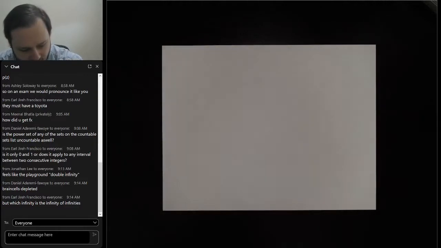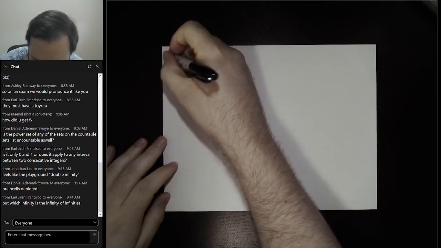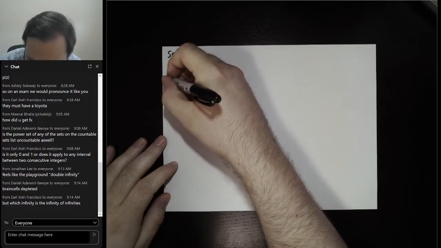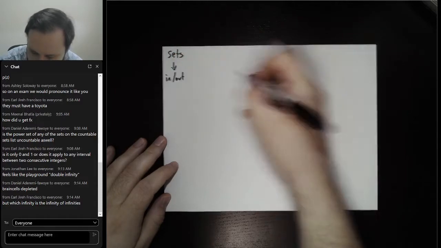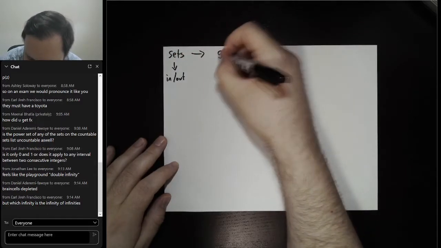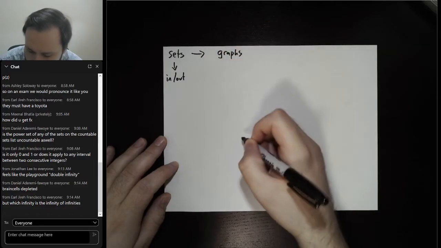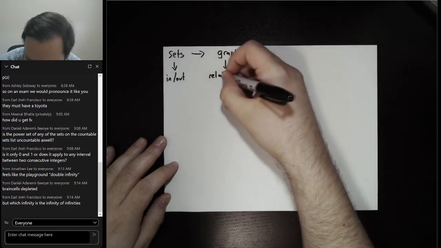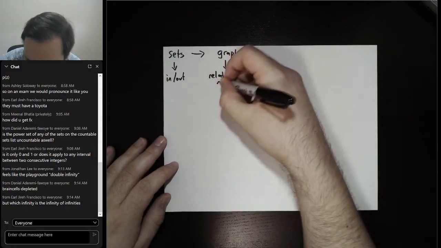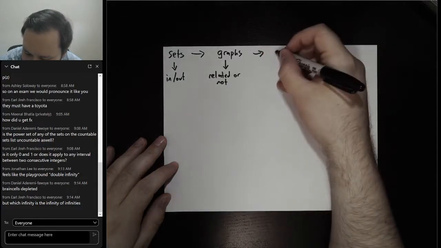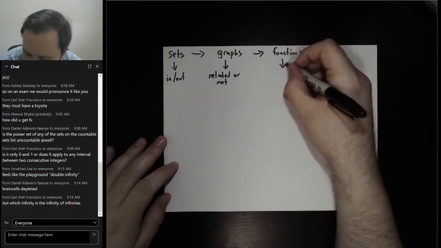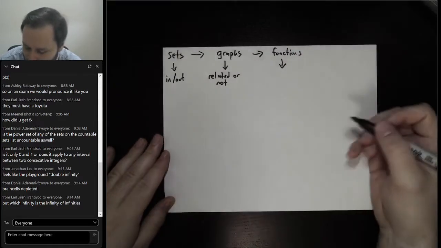Okay. We've talked about sets, where the only question was, are your elements in or out? And then we talked about graphs, which was, are your elements related or not? And then we talked about functions, which was how you turn some elements into other elements.